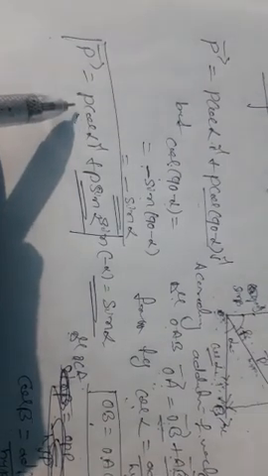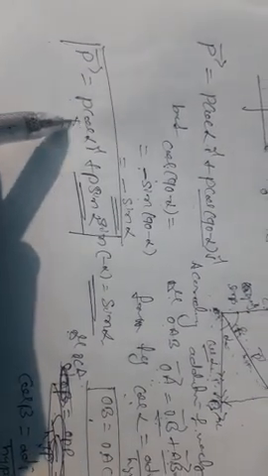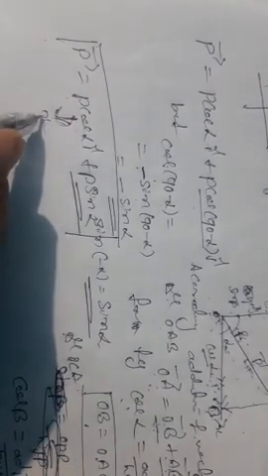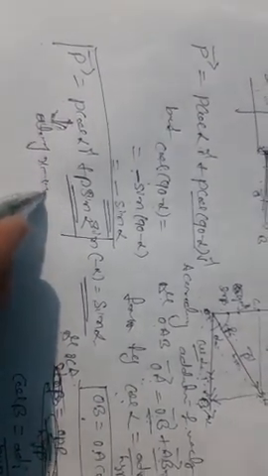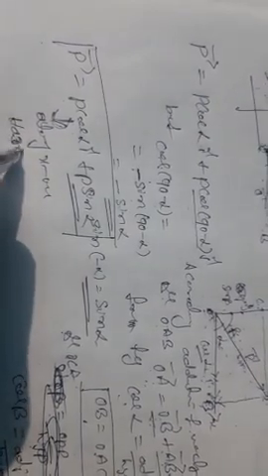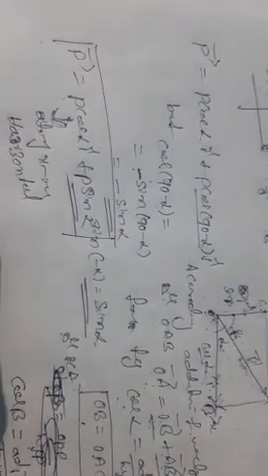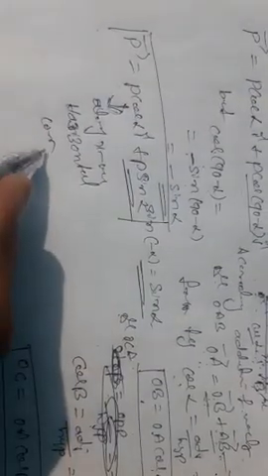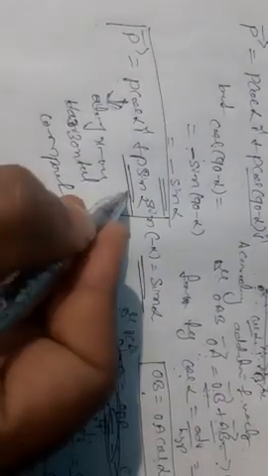P cos alpha is along the x-axis, that is the horizontal component.